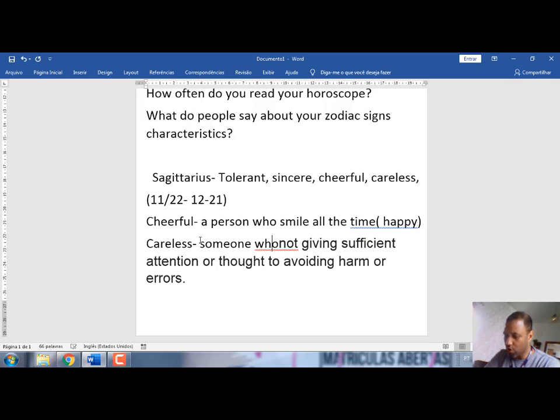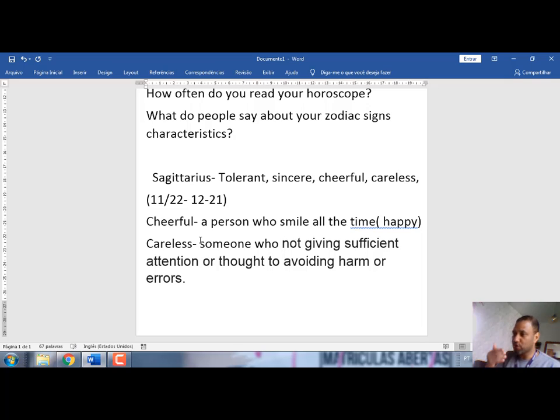Someone who does not give sufficient attention or thought to avoid harm or errors, right? If you don't give sufficient attention to something, you are a careless person. You don't care, right?